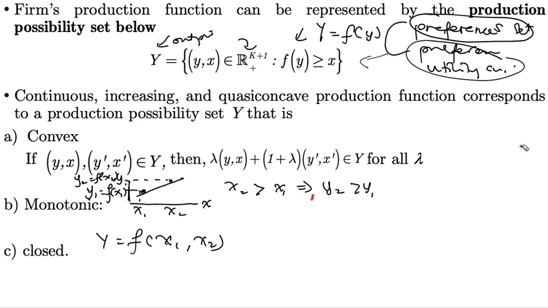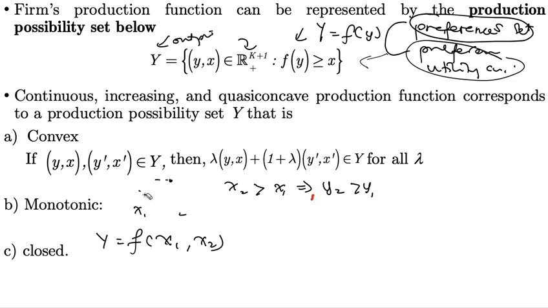Okay, and then after that, I say to you, if we have continuous, increasing and quasi-concave production function, then the production possibility set within which the production function is, is also having the same axioms or properties. So let's say we have two factors of production, x1 and x2.